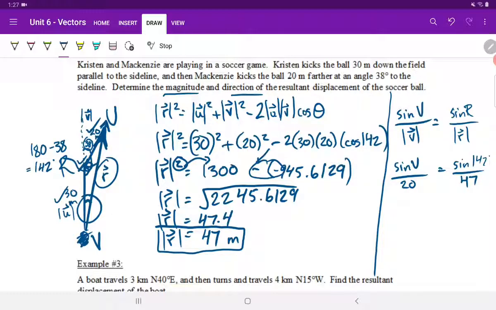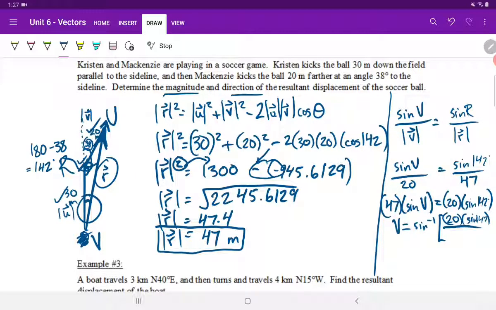Cross multiply. Divide out the 47 and take the sine inverse of it. So you end up with the sine inverse of 20 times sine 142, divided by 47.